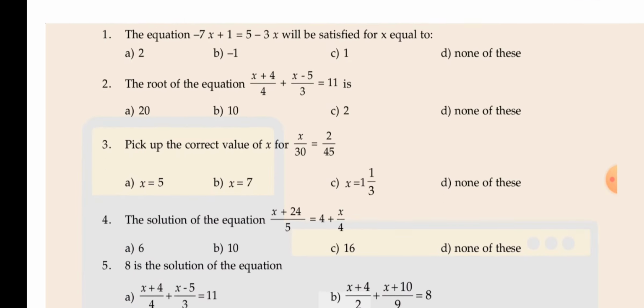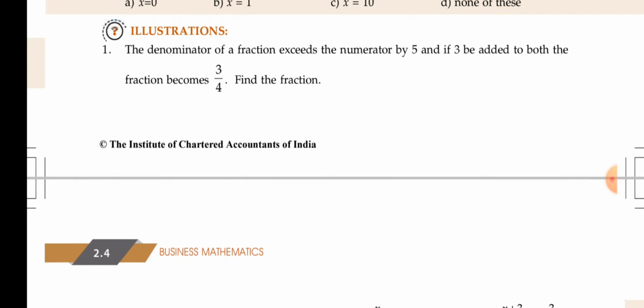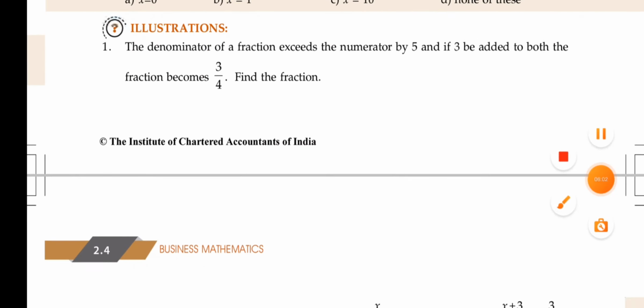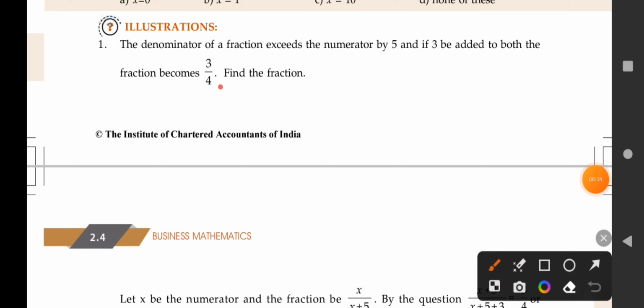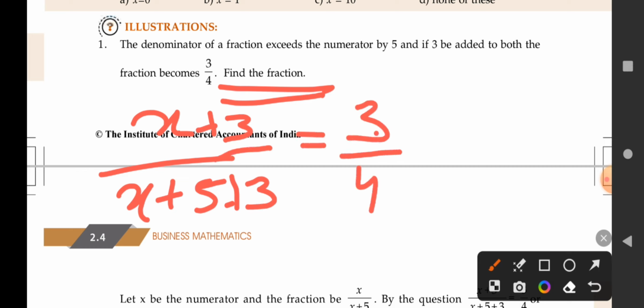The exercise part you should solve by substituting. Let's take the illustration over here. Again, you have to find the fraction. The denominator of a fraction exceeds the numerator by 5. If 3 is added to both the numerator and denominator, you will get the fraction 3 by 4.